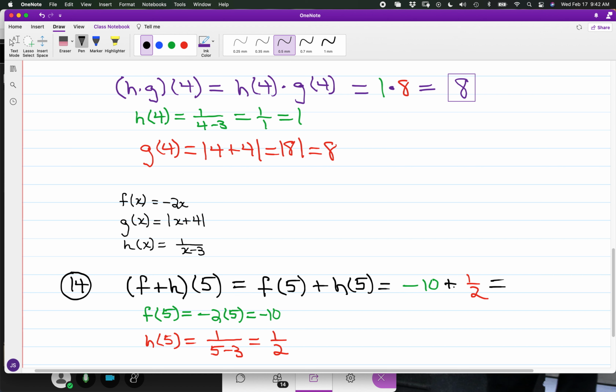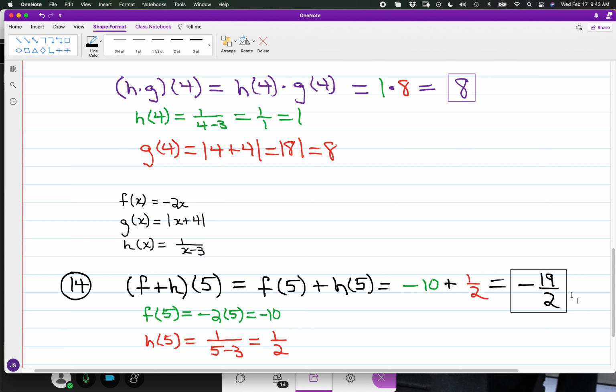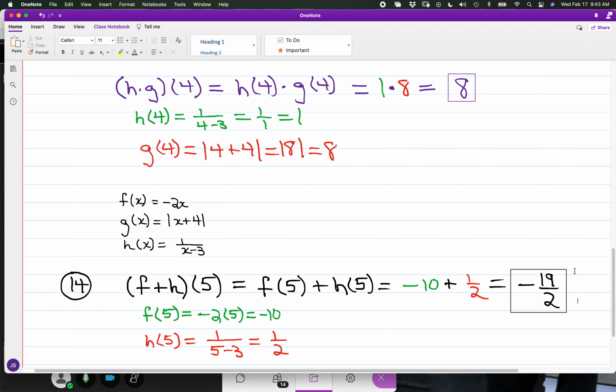So negative 10, or negative 20 halves, plus 1/2, ends up at minus 19 halves. And again, you could have used the general case, but I decided to go with the specific case since we're looking at just one input to work with.